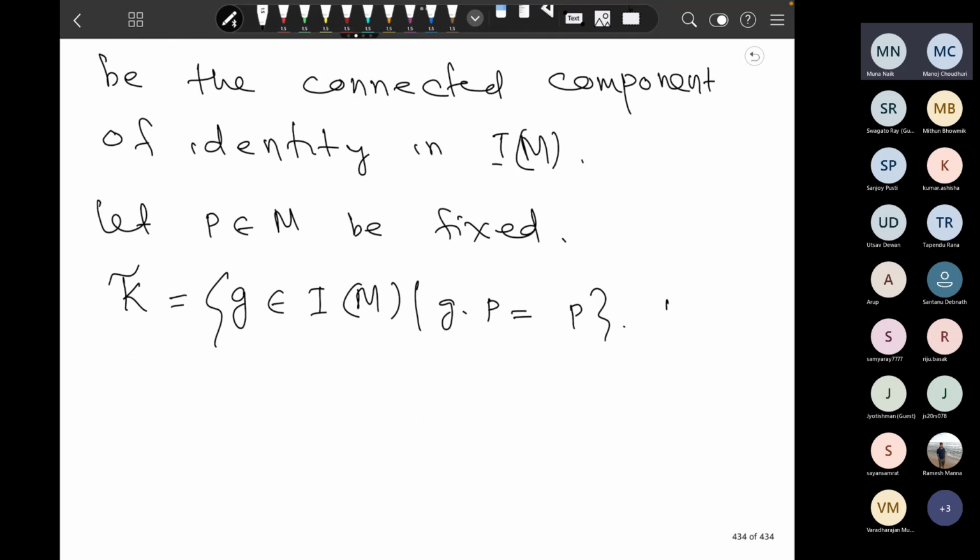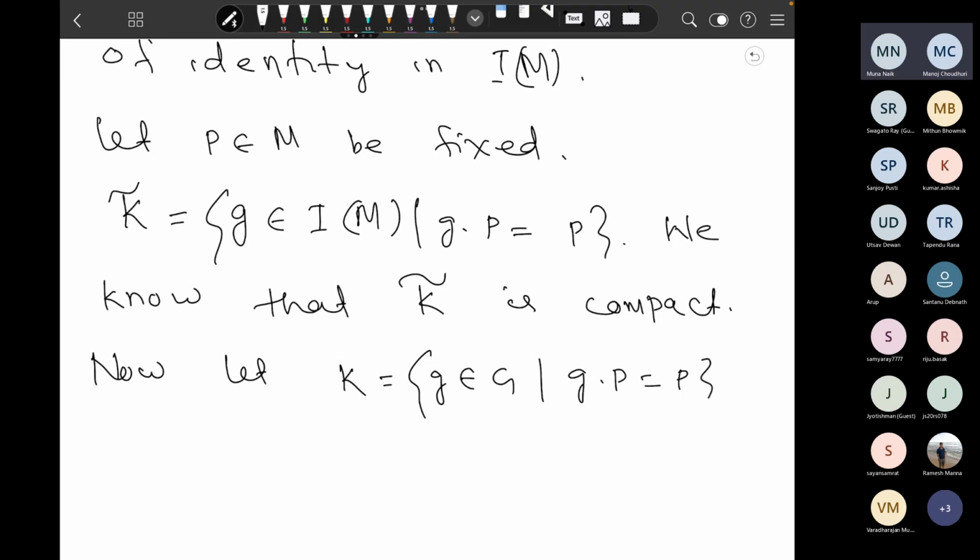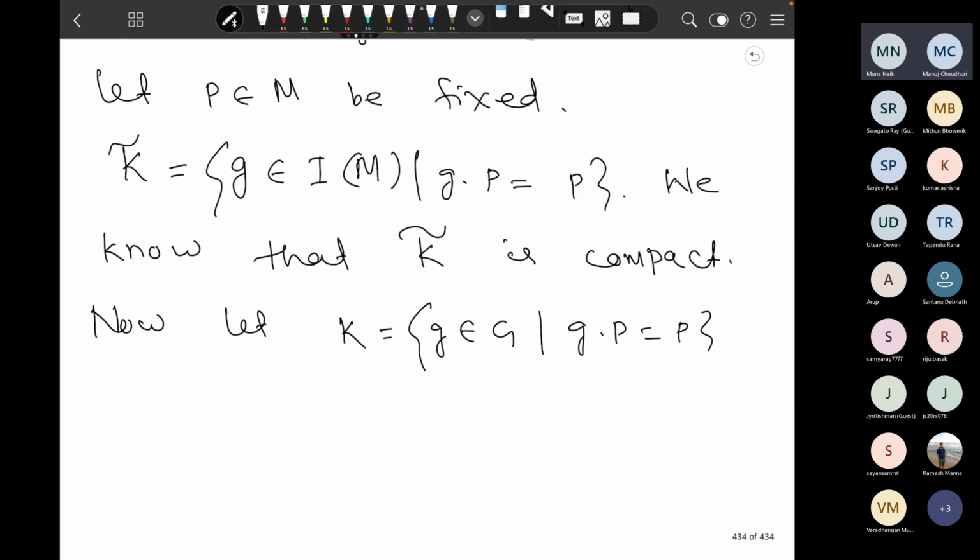Okay, so we know that this K tilde is compact. This is the stabilizer. Now let K be equal to the set of g belonging to G so that g dot p is equal to p. This is the stabilizer of p inside G, and this is really G intersection K tilde.